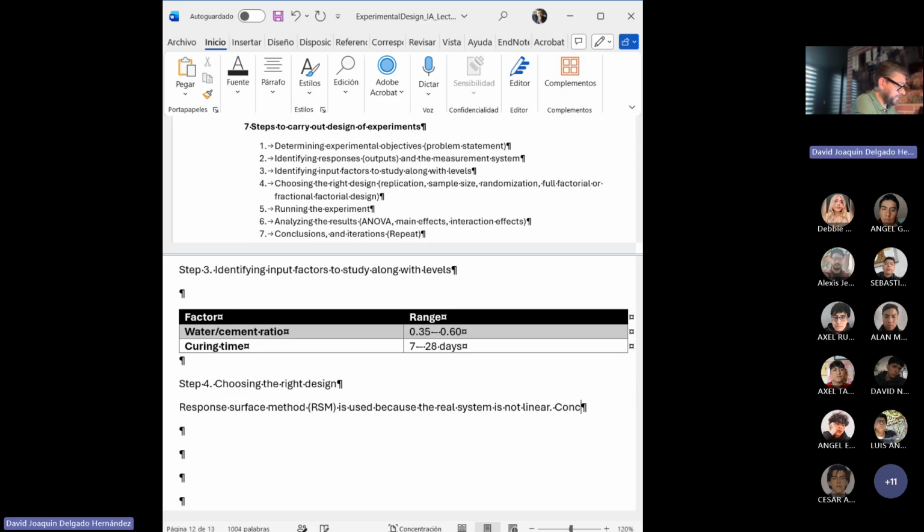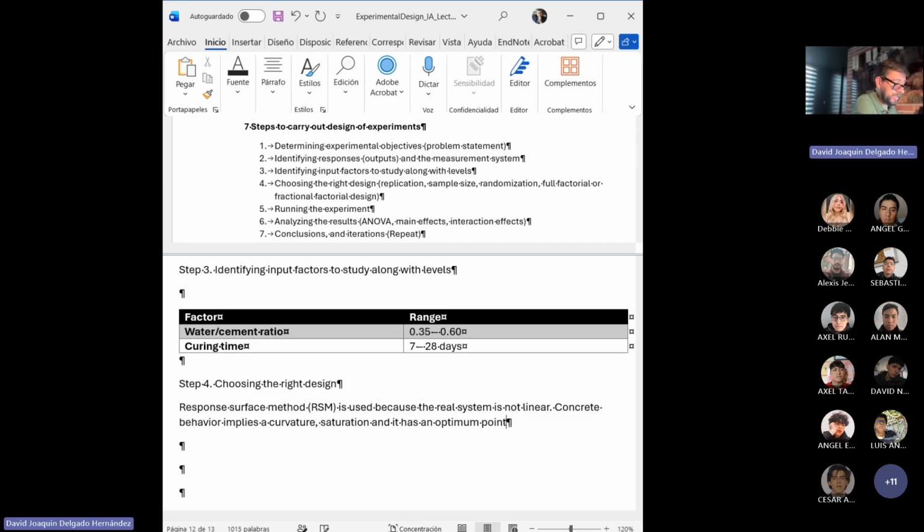A concrete behavior implies a curvature, a saturation, and it has an optimum point.